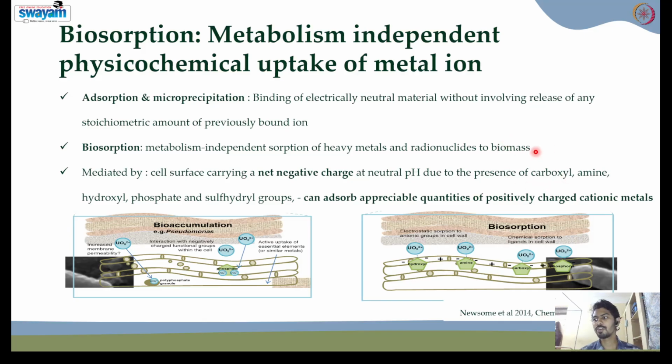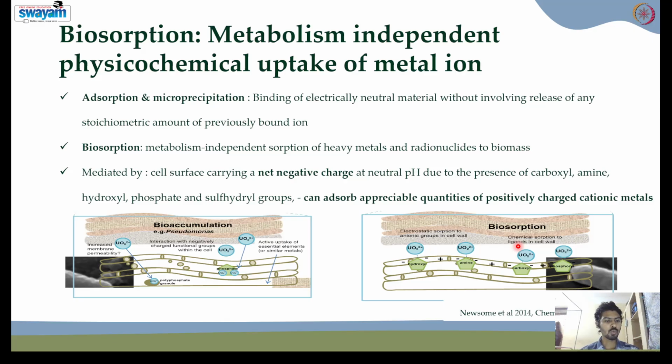Because of the presence of different groups like carboxyl, amine groups, hydroxyl, phosphate or sulfonyl groups. So these are all the different groups that are present, which help us to absorb an appreciable quantity of positively charged cationic metals.